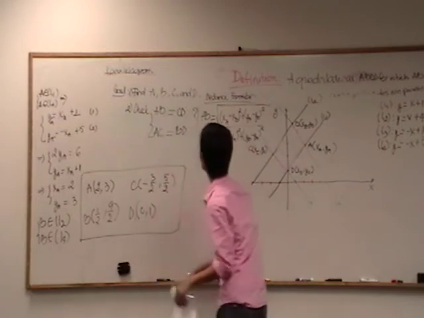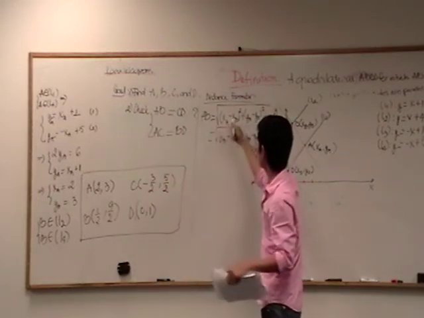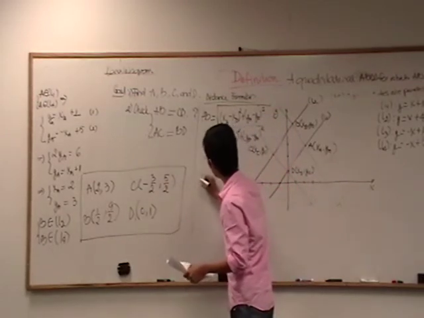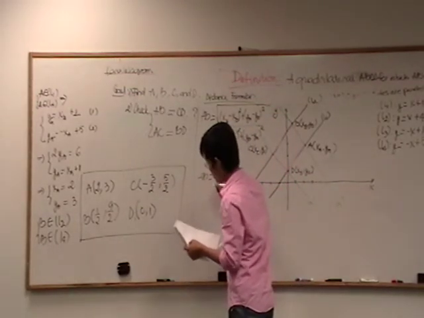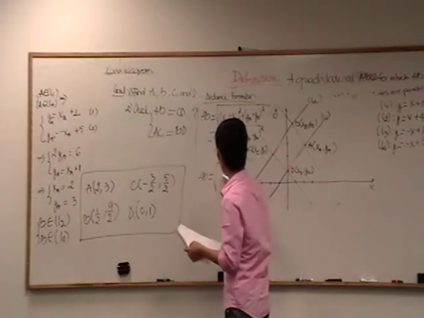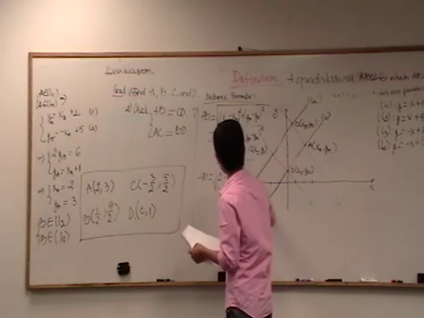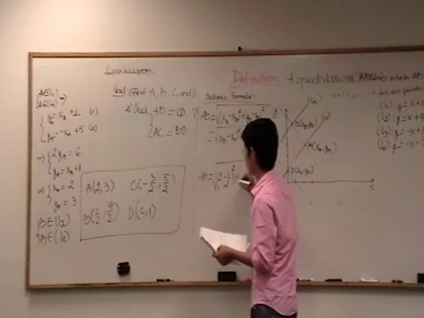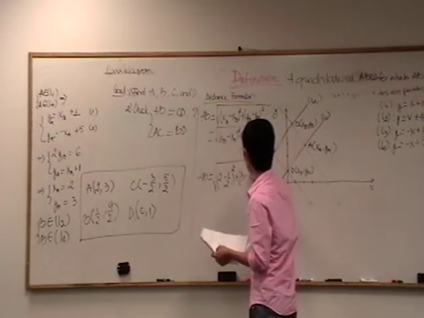Alright, so we just plug in XA and XB, YA and YB. We have AB equal to the square root of (2 minus 1/2) squared plus (3 minus 9/2) squared.